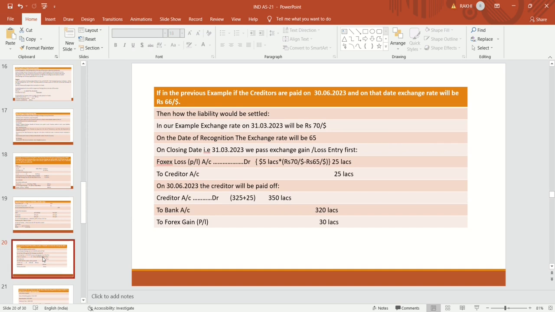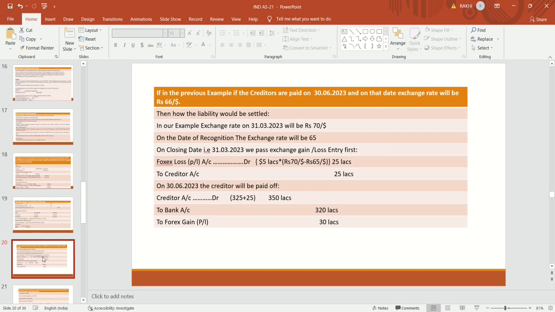Now on the settlement date, that is 30th June 2023, the creditor will be paid off. The creditor is at 350 lakhs lying in the books, account debit, and what will we credit? The exchange rate at which the dollar is purchased is 66 for 5 lakh dollars, to settle the liability at the exchange rate of rupees 66 per dollar.